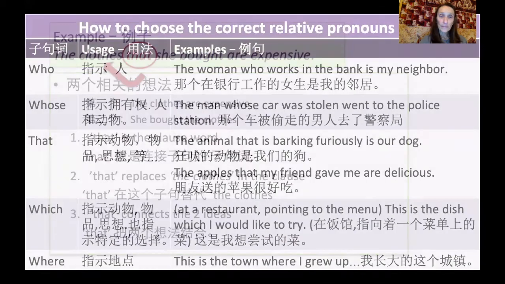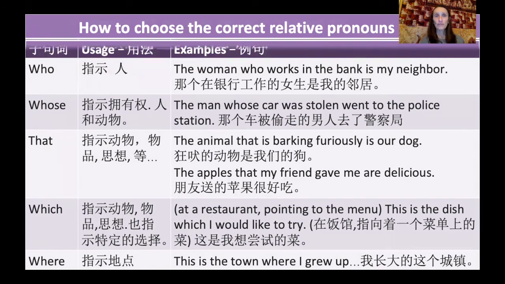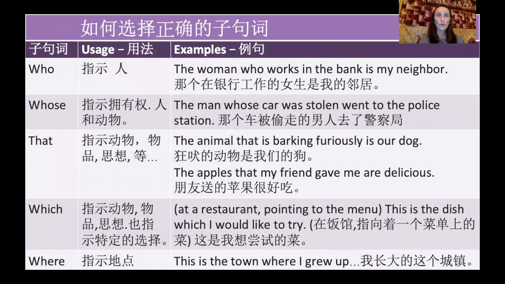These are the rules, all sorts of things that we talked about last week. How to choose the right clause word? How do you choose? Here are the words that you use, and here's the explanation of the usage.